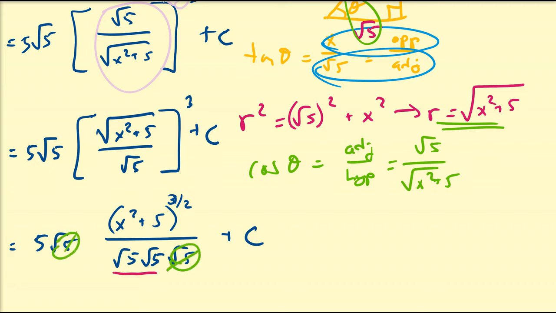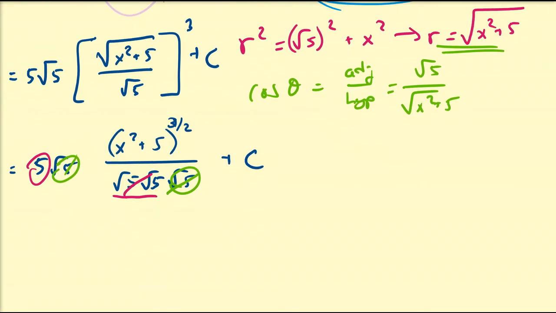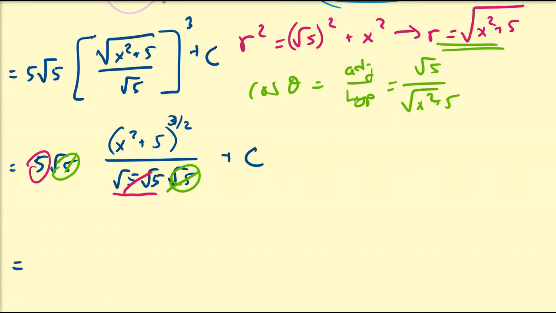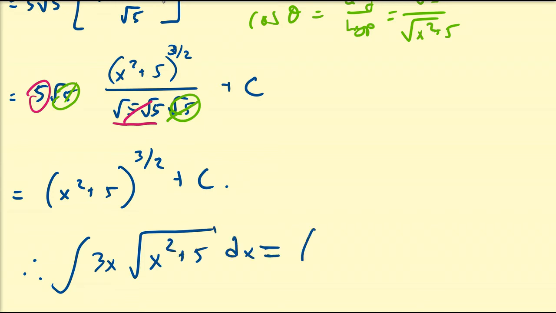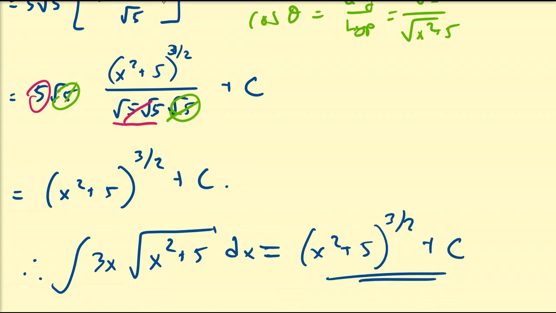And also the square root of 5 times the square root of 5 is 5, which also cancels with that as well. So here we are. This is going to be equal to x squared plus 5, all raised to the 3/2, plus c. So that means the integral of 3x times the square root of x squared plus 5 dx is equal to x squared plus 5 to the 3/2, plus c.